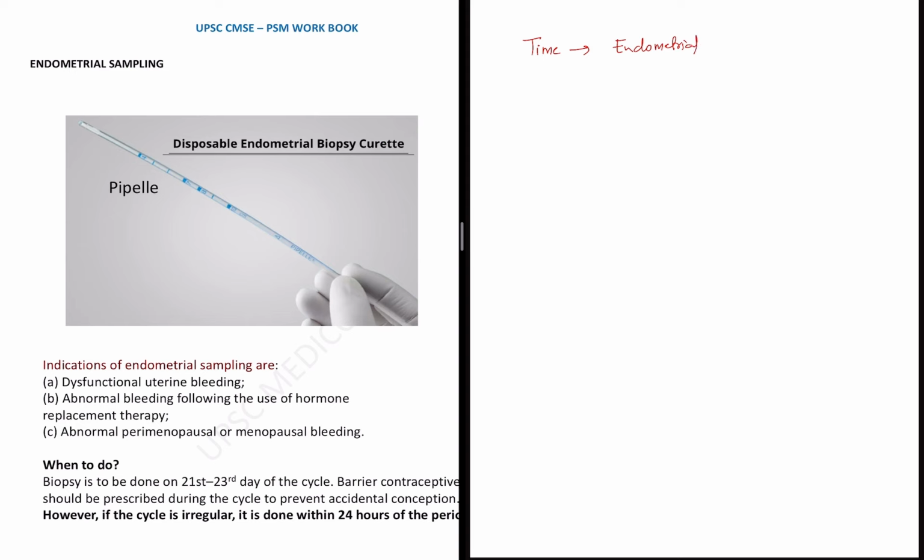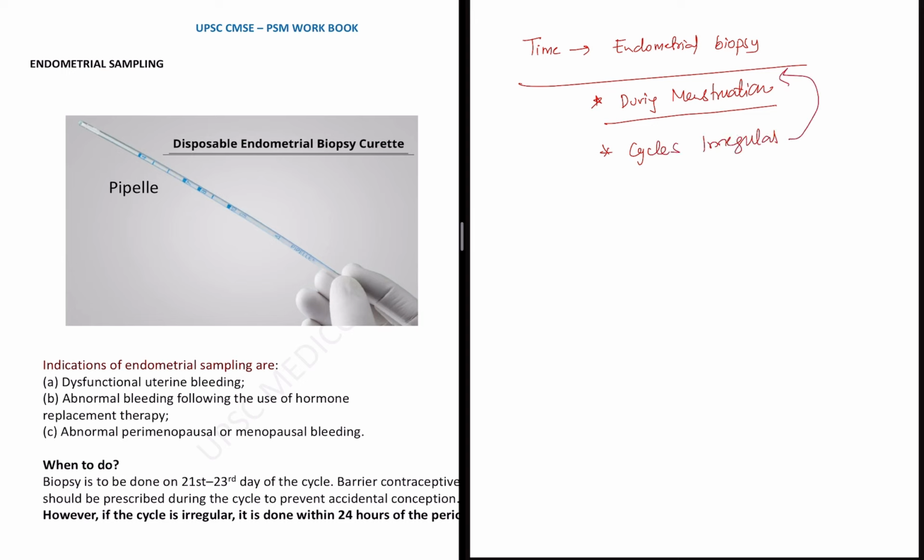The ideal time for a woman to go for endometrial biopsy is actually during menstruation. So if given a choice, this is the best way to go. But if the cycles are irregular also, you have to do it during menstruation just to avoid dislodging the pregnancy.